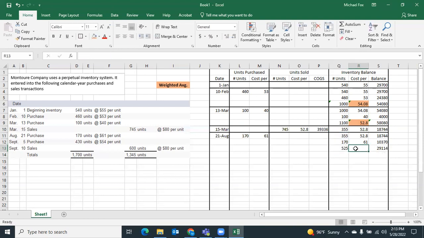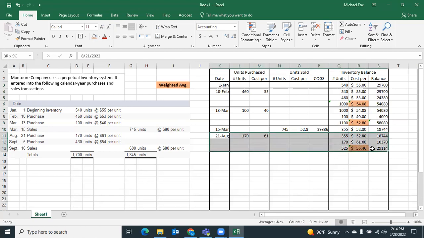Then we'll calculate a new average cost by taking the total cost of those units divided by the total number of units. Now we're getting to a crazy number there. If we tell Excel that these are dollars, it will round for us. It might make our lives a little easier. So there's our new average cost as of the August 21st purchase.